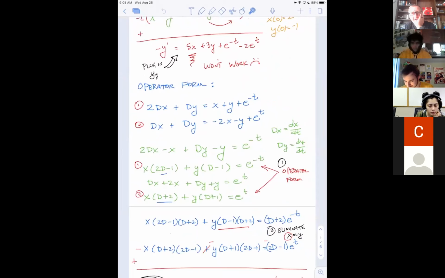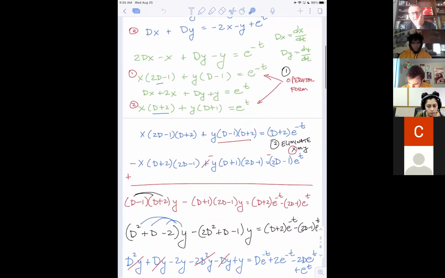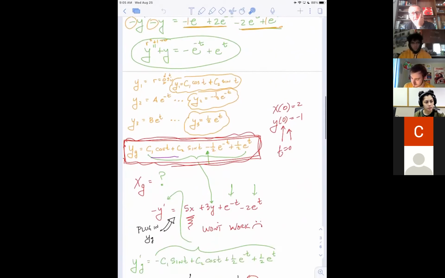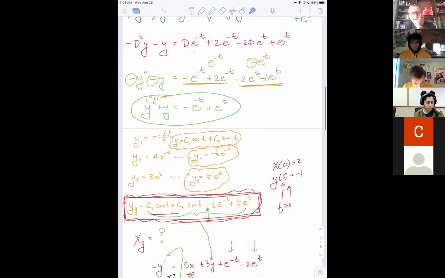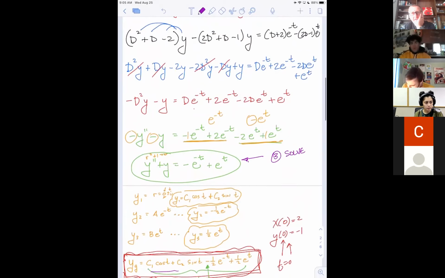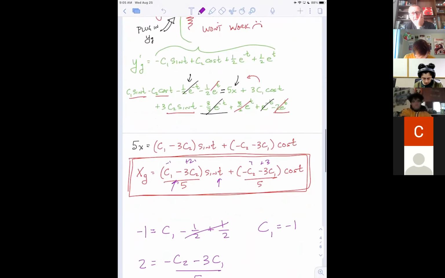So again, if you're a steps person, we did operator form first, and then we used that to eliminate something. And then we took the time, that third step, to solve, once we had our equation that doesn't have x in it anymore. And we finally got that answer.